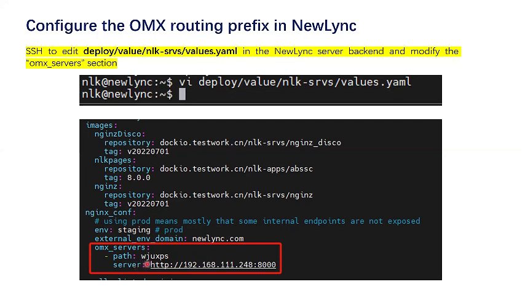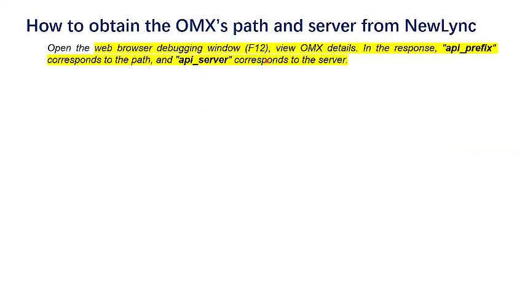How to get this information is to go to the OMX path and server info from the Newlync management window.